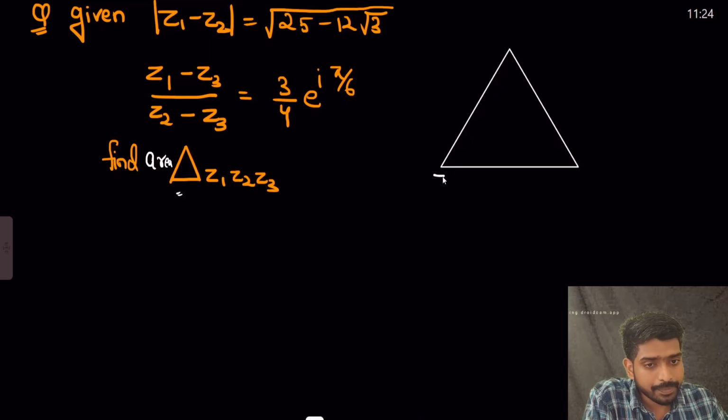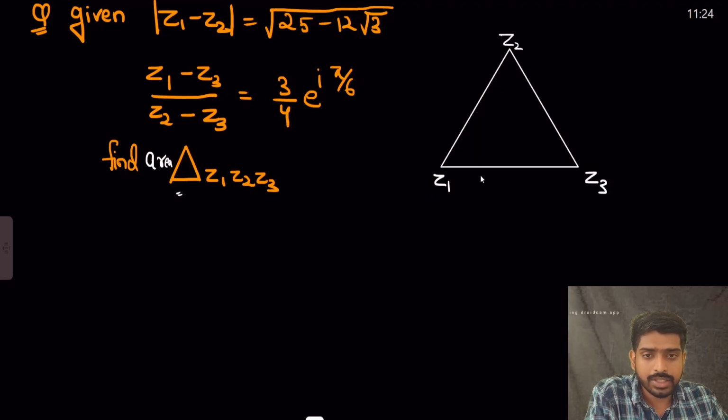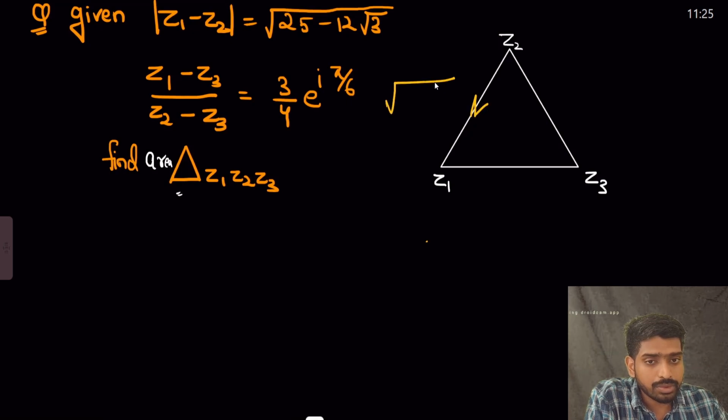Z1 I'll assume here, Z2 and Z3. Got it. Now next, they gave Z1 minus Z2, which means this side length. This side length is under root of 25 minus 12 root 3.